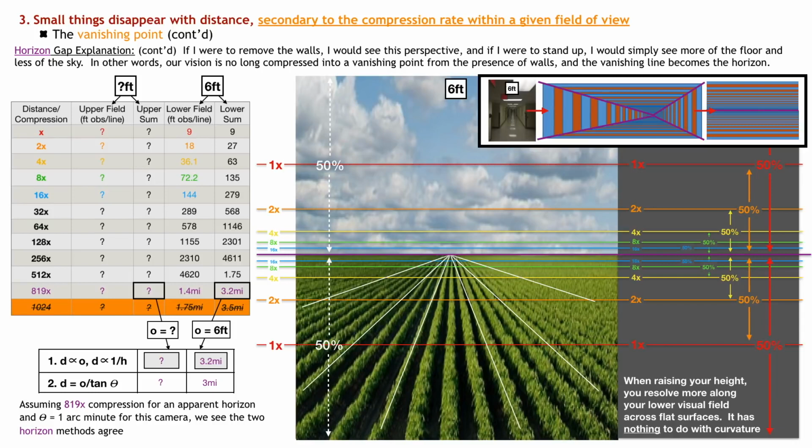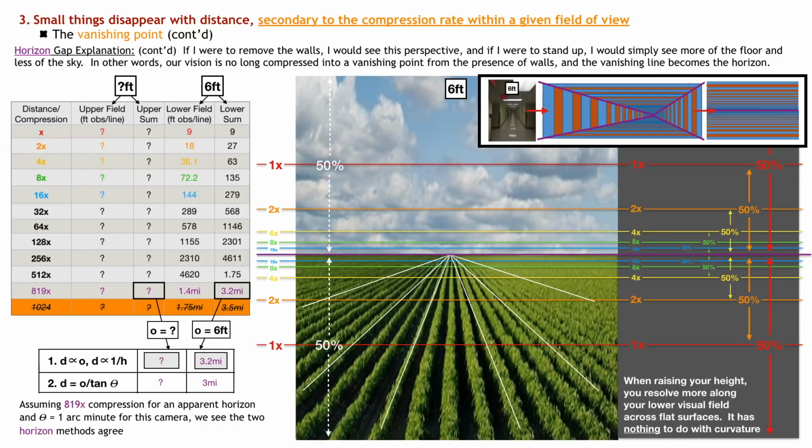So if I just take a 6-foot observer height, in this case, with an unknown ceiling height, I don't know the ceiling, but I just know the floor in this case, I can extrapolate how much information I should be able to resolve within each 50% iteration of the lower visual field. So every time I halve the lower visual field, how many feet am I observing? I first observed 9 feet, then 18, then 36, 72, 144, and that keeps accumulating.